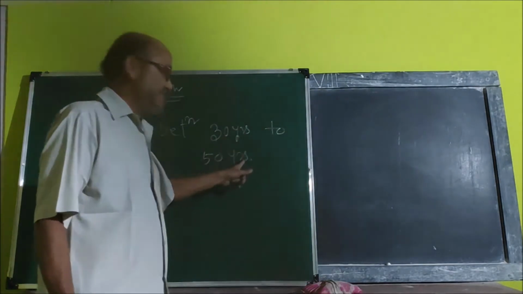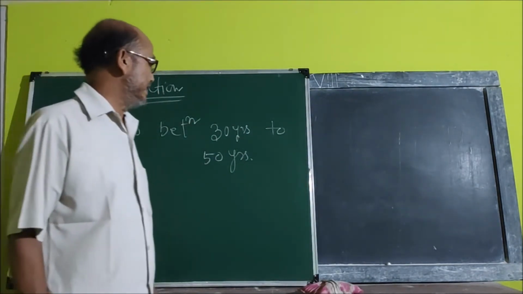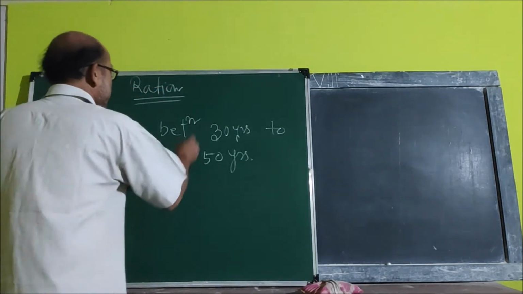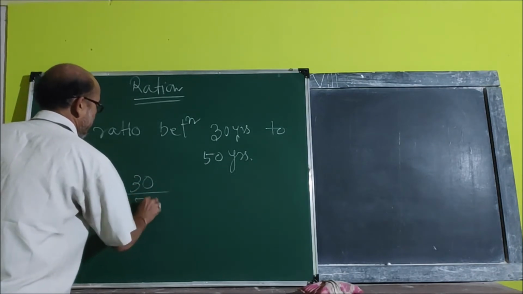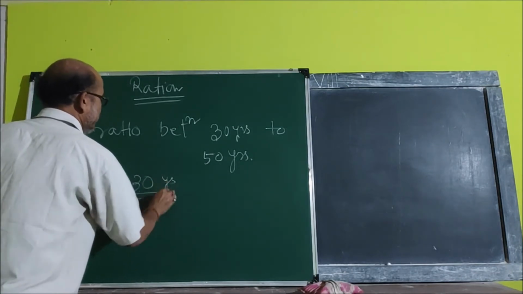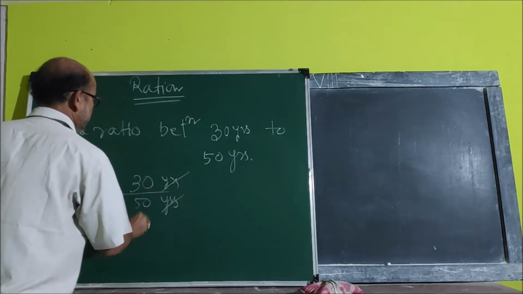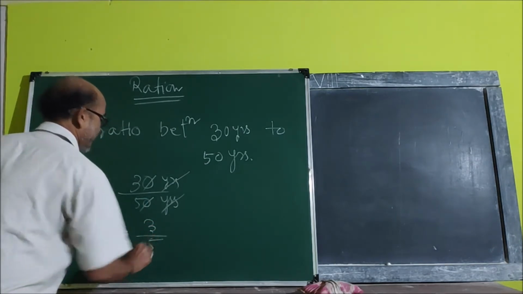Here, years is the same kind of unit, so we can express it as a ratio. Its ratio will be 30 by 50 years. Years cancel, the zeros cancel, that means 3 by 5.